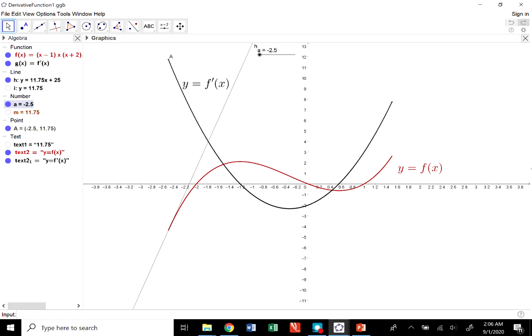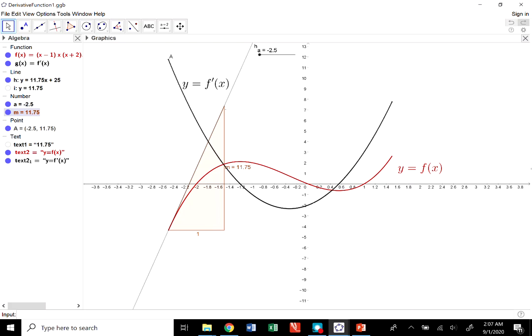When the run is positive, the horizontal, the rise is also positive. Maybe I should show this. Check this out. This positive 1 represents the run, and the corresponding rise is a positive 11.75.